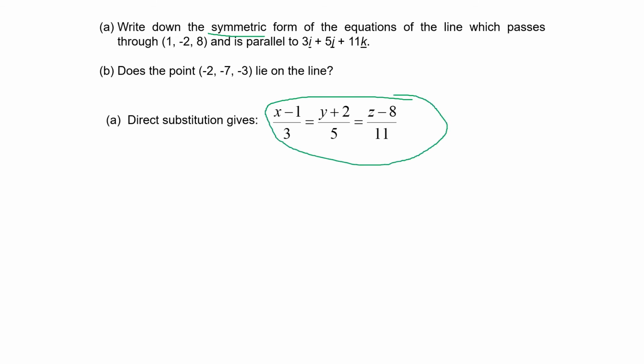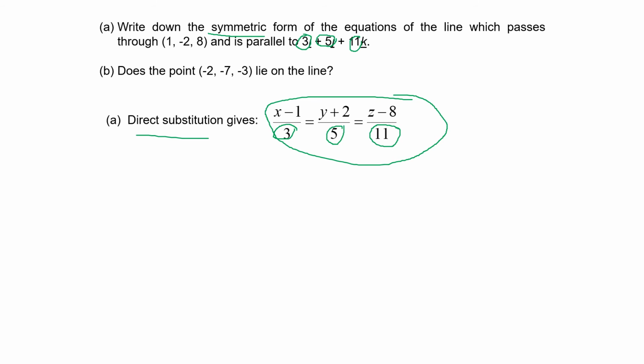Okay, so we will look at question A first. How do we get it? It's just by direct substitution. Recap: your A, B, C are the coefficients of i, j, k based on the definition of a straight line equation just now. So that's how you simply get your 3, 5, and 11 as A, B, C. And x minus the point should be x minus x1, y minus y1, z minus z1.